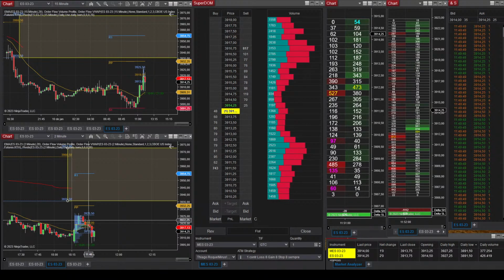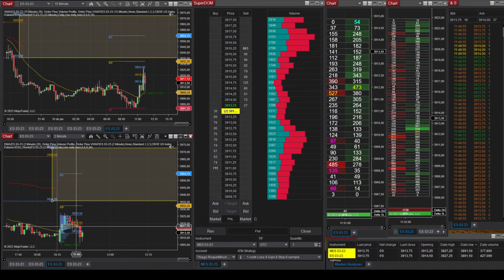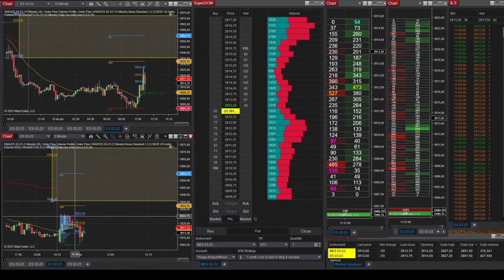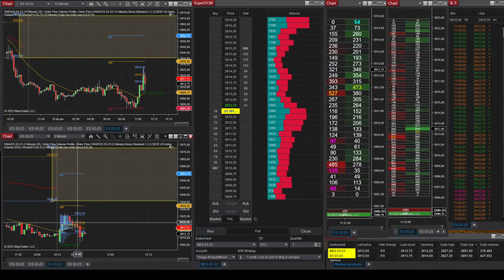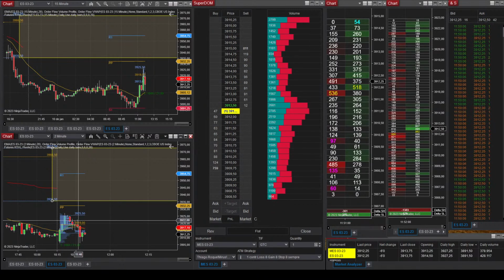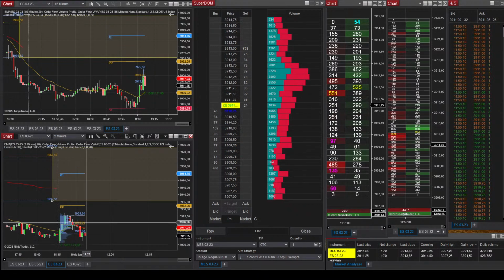For example, this is last time in 22 here. It lost the moving average, it failed to move up there, and so it's not unusual to revert or to start a downtrend this way.